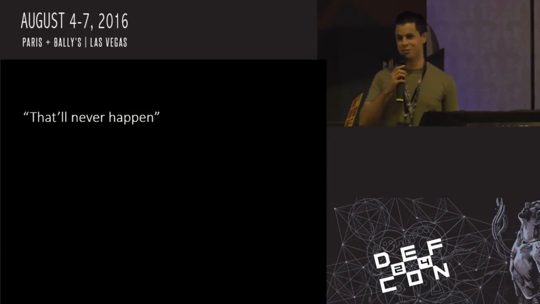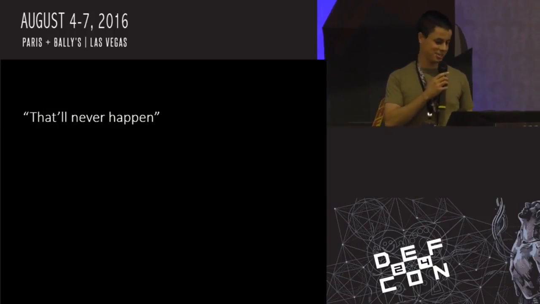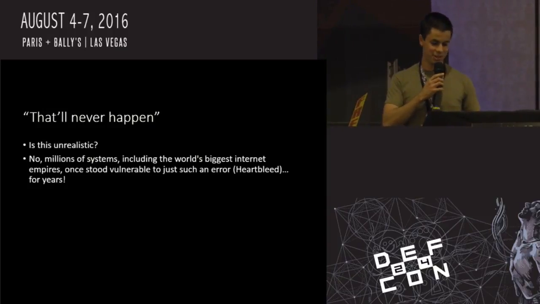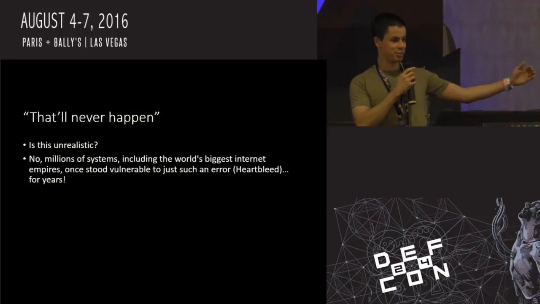So could the fate of humanity really ever hang on my little application? Isn't that kind of unrealistic? Well, no. Millions of systems, including the world's biggest internet empires, such as Facebook, once stood vulnerable to this kind of error. It was known as Heartbleed, and it was around for about 2 years. So there's a very critical vulnerability.